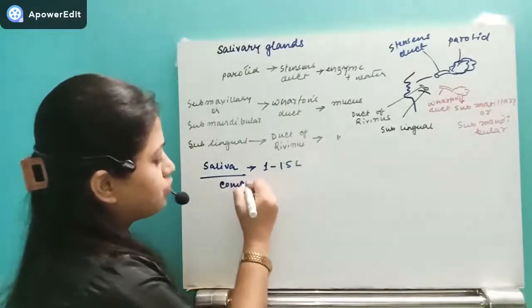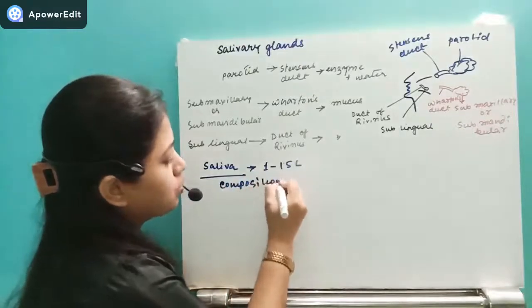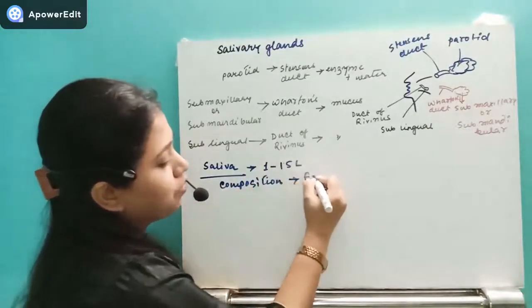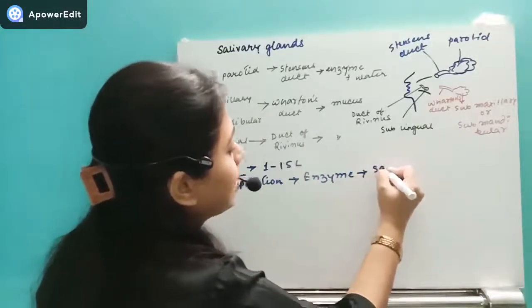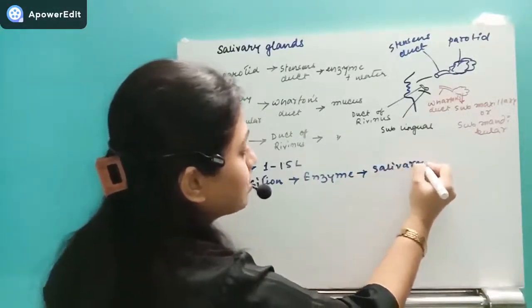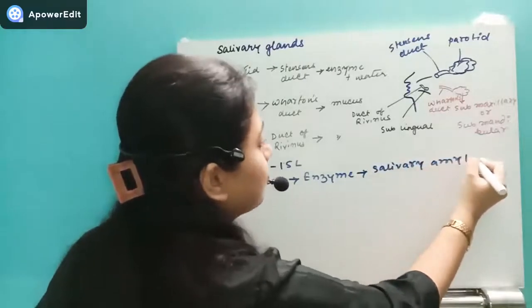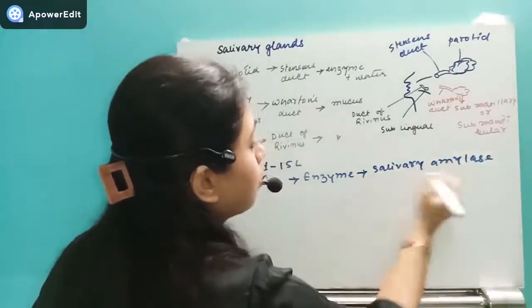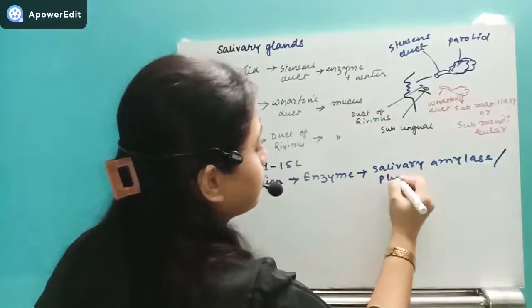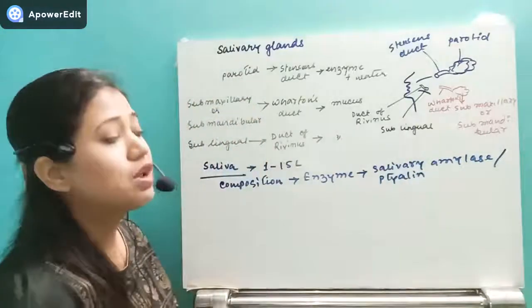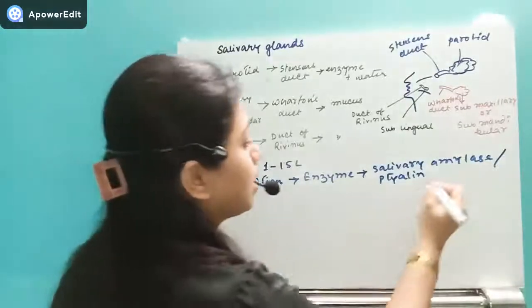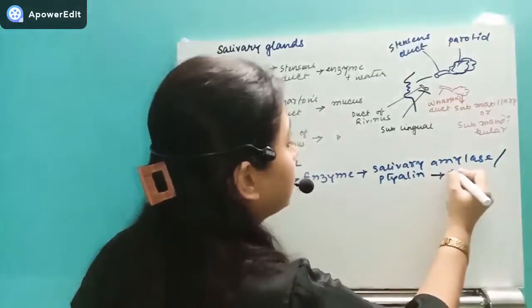Composition wise, it is going to have the enzyme. What is the enzyme? This enzyme is the salivary amylase, and this salivary amylase is also called as ptyalin.